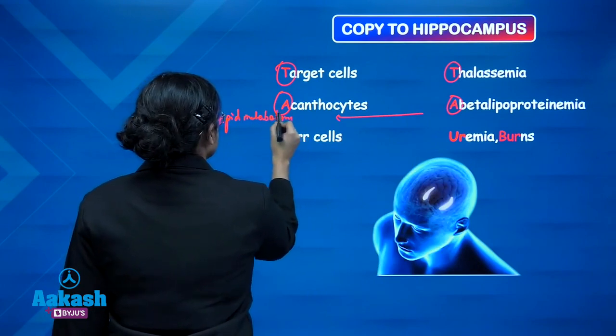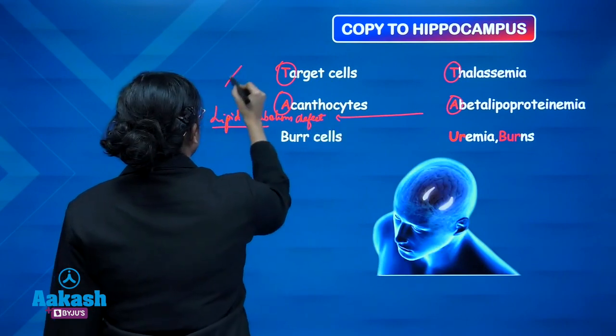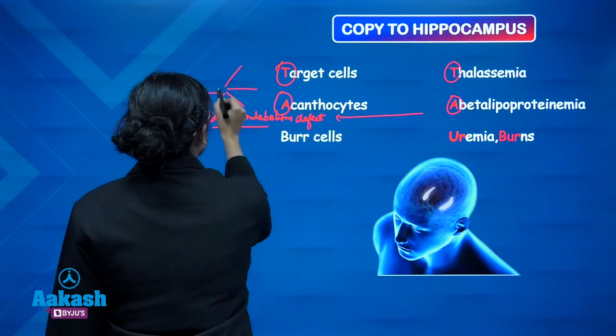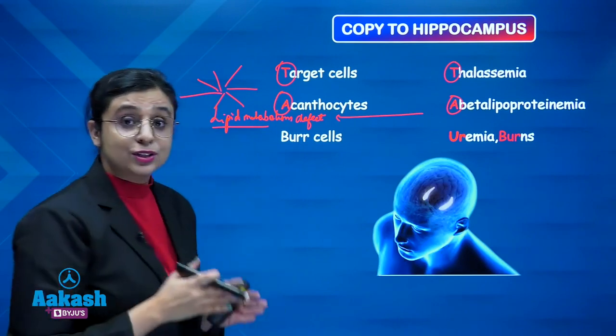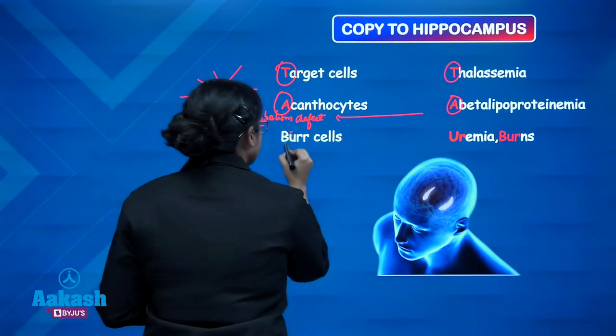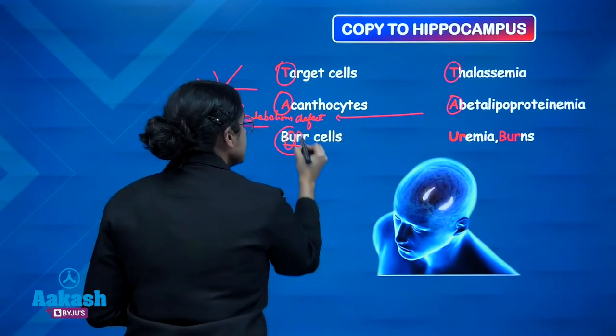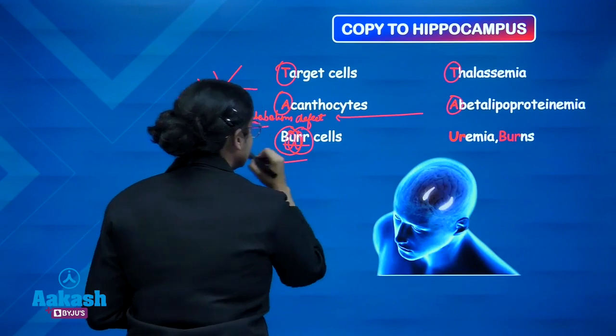That means somebody is growing fat, and that means somebody is growing in irregular direction at irregular interval. Yes, acanthocytes have projections which are placed at irregular interval, whereas Burr cells have uniform regular projections found in burns and uremia. So with the help of these mnemonics, students, I hope this topic is clear to you.